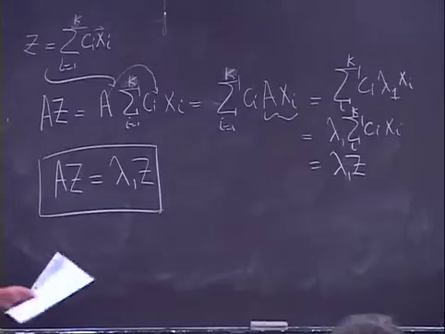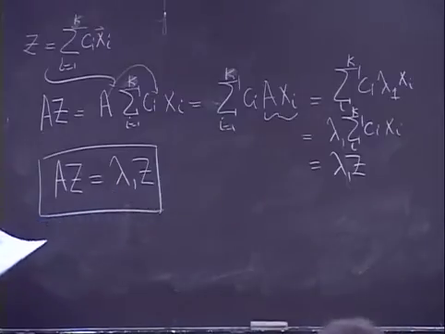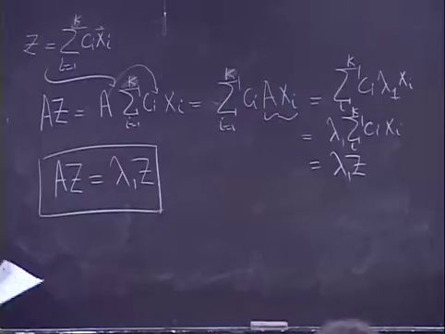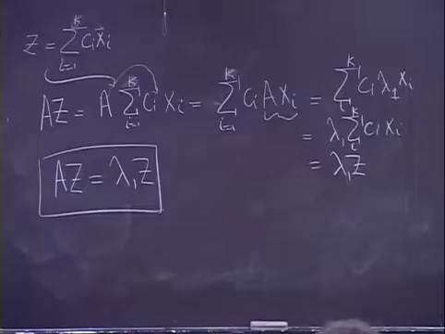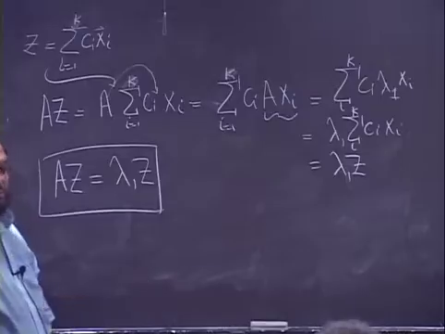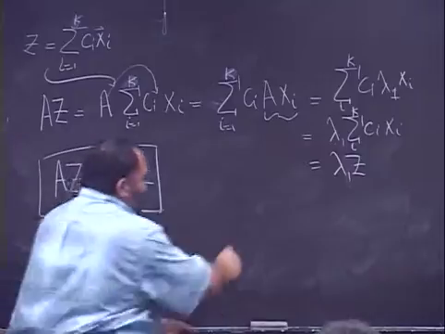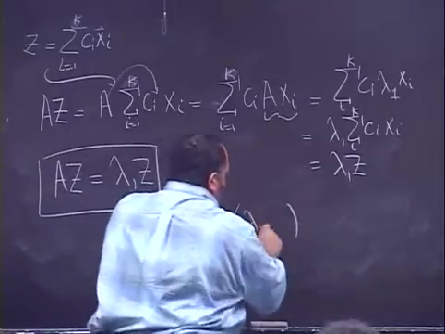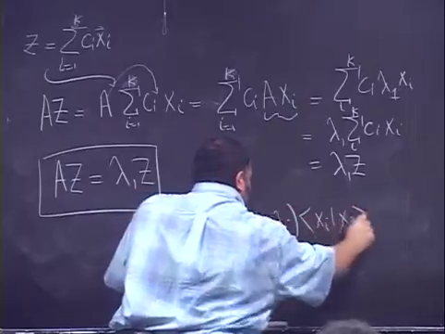So the xi's from i equal to 1 to k are not mutually orthogonal. Why? x1, x2, x3 up to xk are not mutually orthogonal, because the condition for mutually orthogonal was lambda i minus lambda j times xi xj equal to 0.